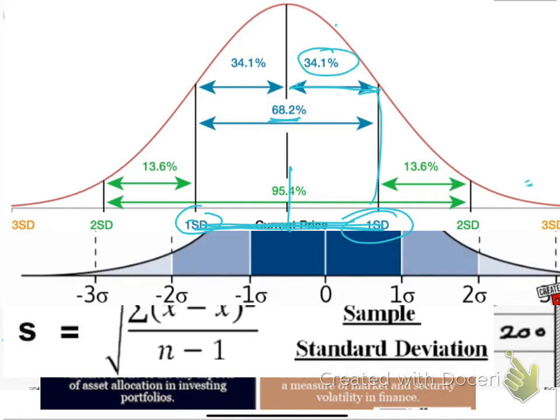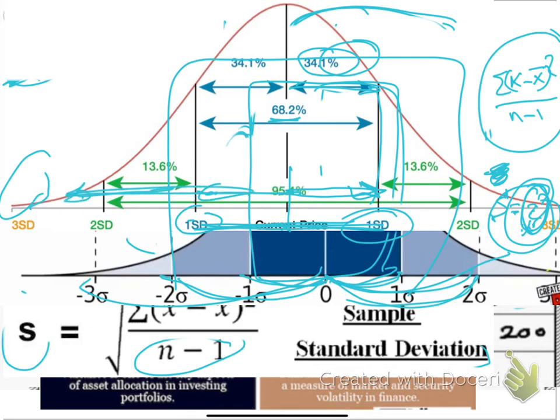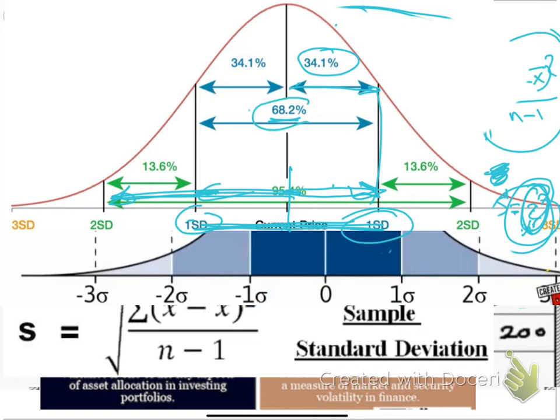But keep in mind that this distance is not 1 sigma, it is 2 sigma: 1 standard deviation from this side and 1 standard deviation from the other side. So 2 standard deviations represent 68. 1 standard deviation from this side represents 34%, and the other standard deviation from the other side represents 34%, okay?